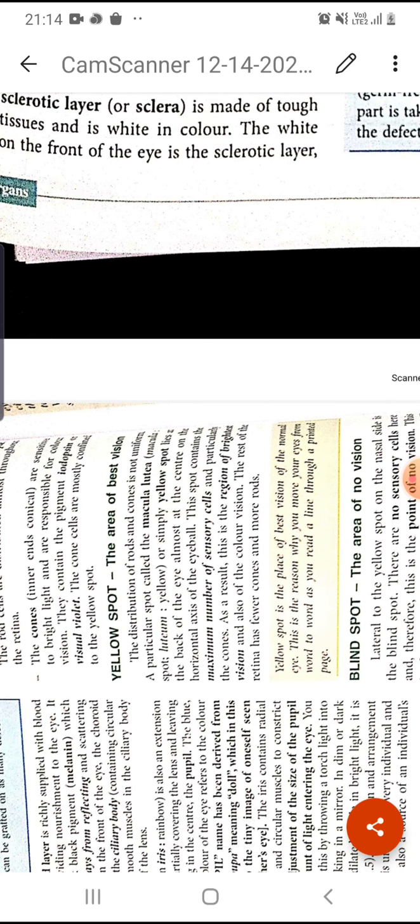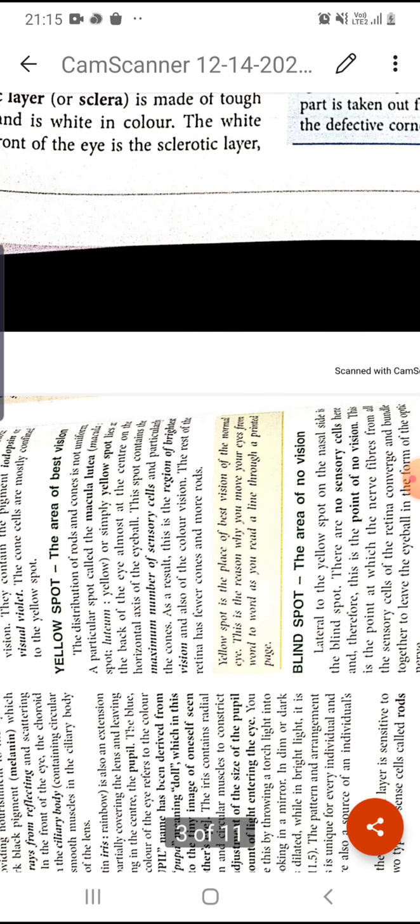So the yellow spot is the area of best vision. The distribution of rods and cones is not uniform. One particular spot, called the macula lutea or yellow spot, lies at the horizontal axis of the eyeball, in the center of the retina.